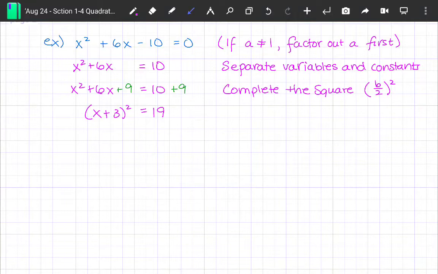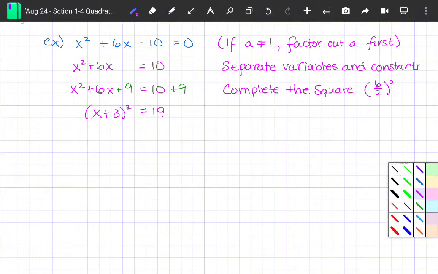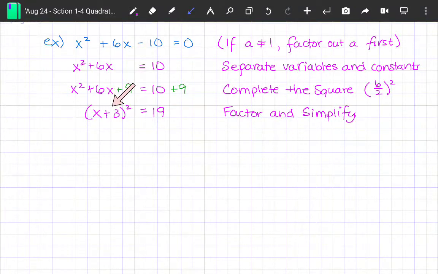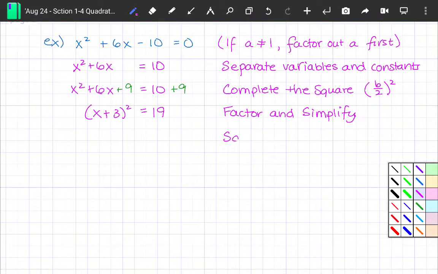And now, if you recognize it from the previous types of problems, this is something that we can take the square root of both sides. So let me go ahead and write factor and simplify, which is exactly what I did. I factored to get the x plus 3 squared, simplified 10 plus 9. But now I'm just going to say square root and solve.